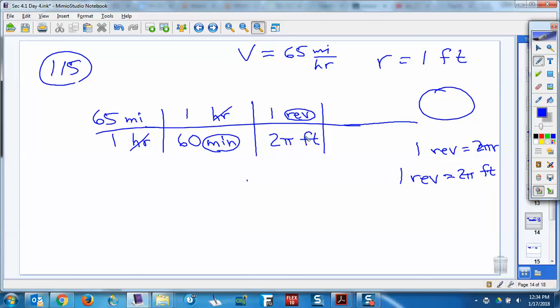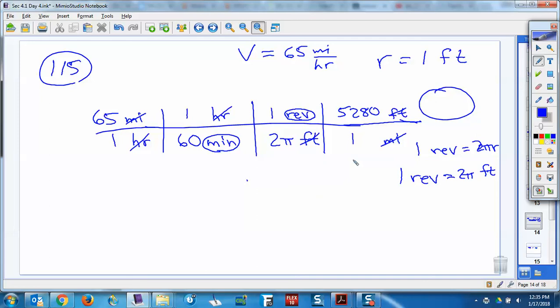So what do I need to get canceling here? Miles and feet, and I can do that in one fell swoop. I can get feet here and miles down here. That's going to cancel miles, that's going to cancel feet. So 5,280 feet in 1 mile. Now I've got all that stuff canceling, and I'm left with revolutions per minute.